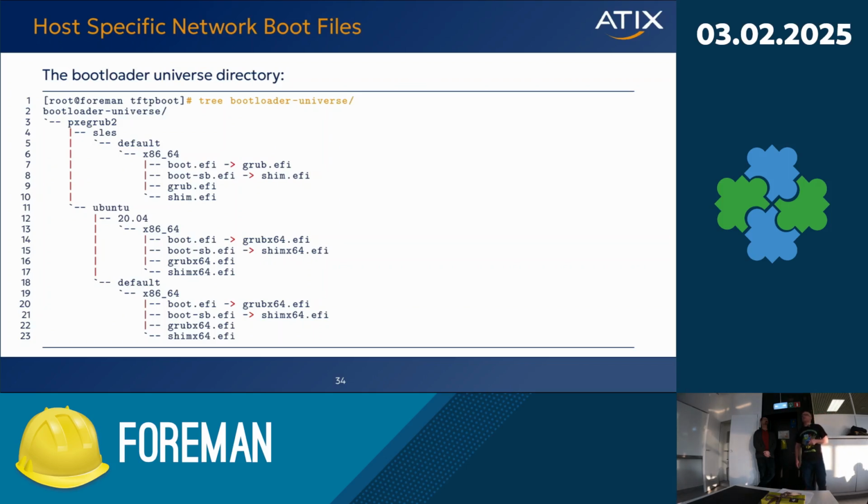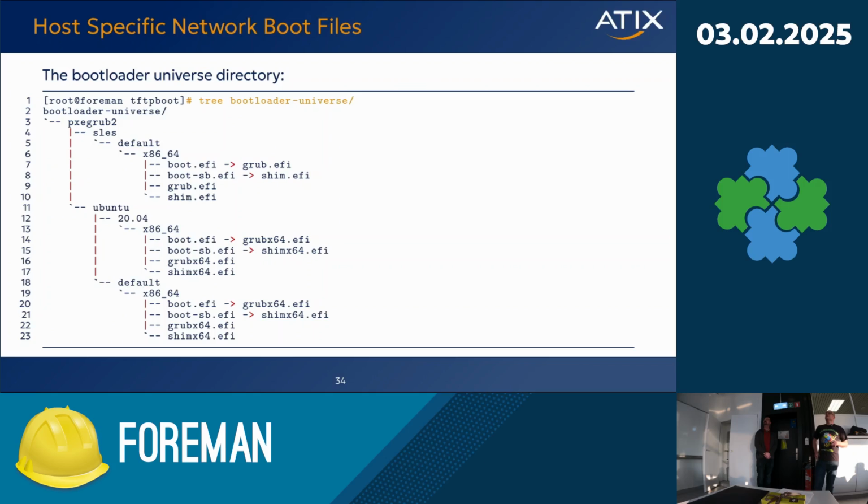And to simplify things, we switched to using a common file name on the Foreman side. So Foreman always accesses boot.efi or boot-sb.efi. Let's point the DHCP file name option to this file.